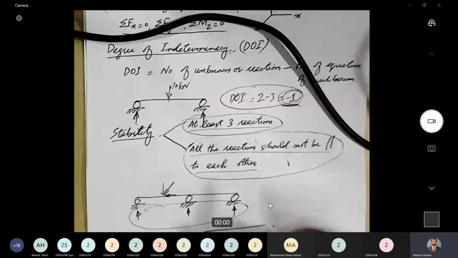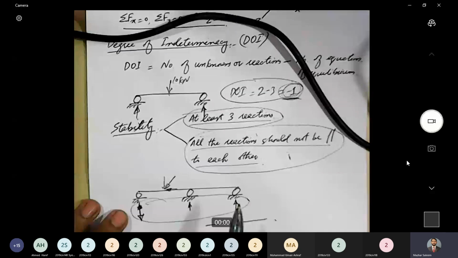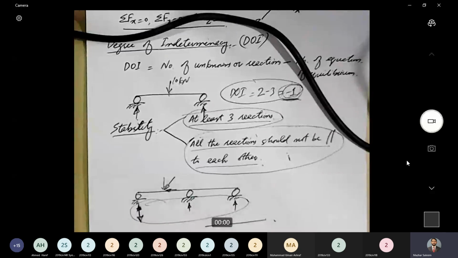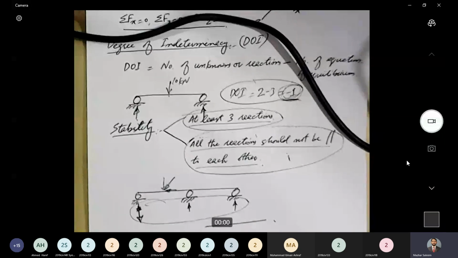But if we have satisfied the conditions of stability, then the applied loading and these reactions will be finally balancing each other, and the structure will remain stable. So upward and downward both reactions will be there, or may be there, depending upon the nature of the applied loading.